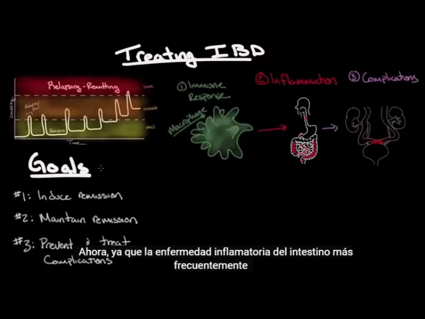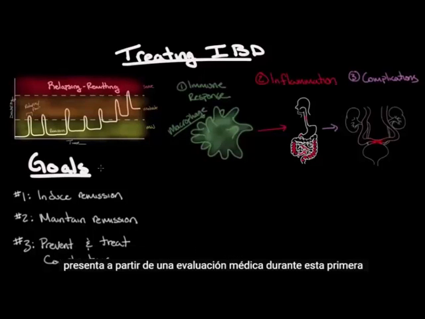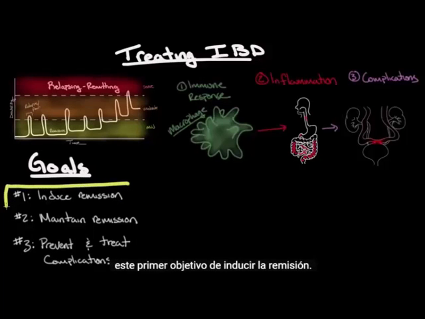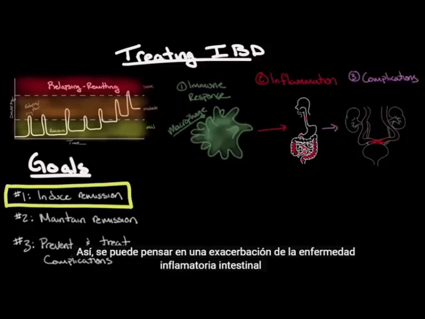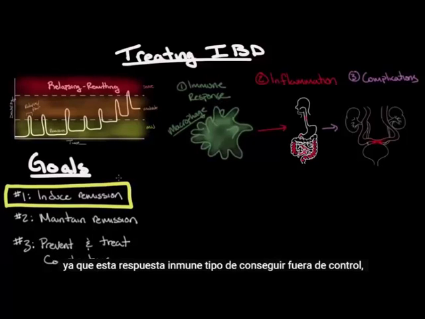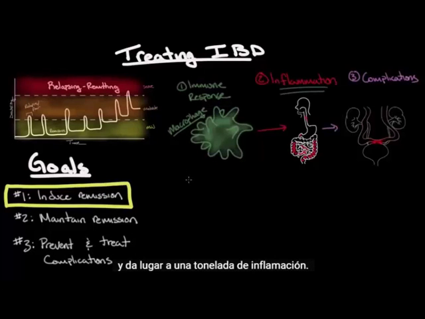Now, since inflammatory bowel disease most frequently presents for medical evaluation during this first or second flare, let's start by discussing how to achieve this first goal of inducing remission. So you can think of an inflammatory bowel disease flare as this immune response kind of getting out of control, and it results in a ton of inflammation.